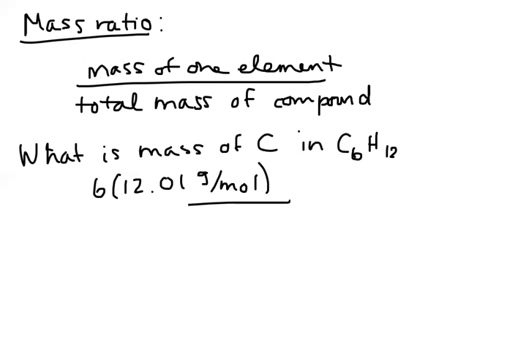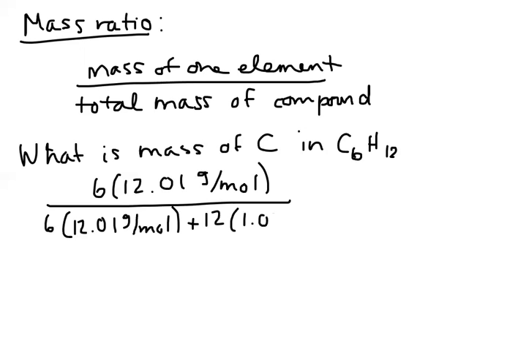And on the bottom, it's the total mass of the compound. So it's the 6 carbons plus the 12 hydrogens. So you'll do 6 times 12.01 grams per mole plus 12 times 1.008 grams per mole. And you should get 0.8560. So this is your mass ratio of carbon.